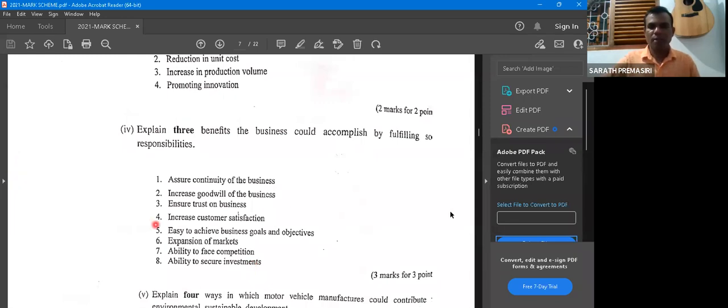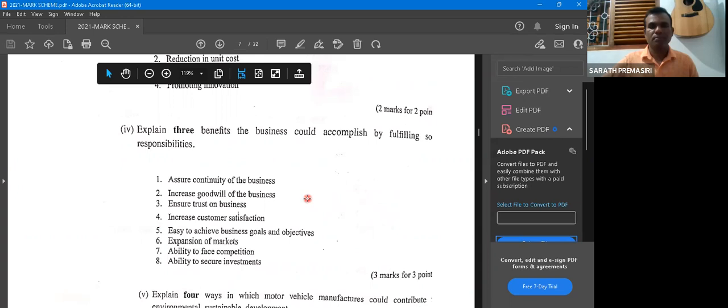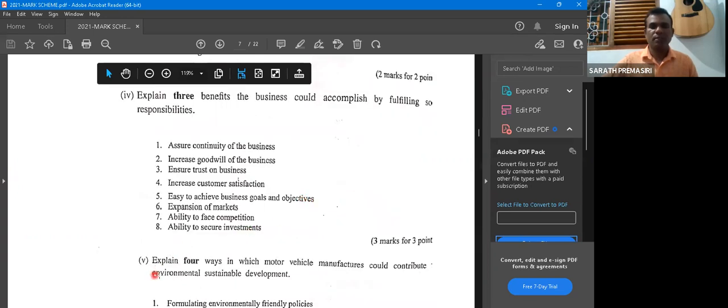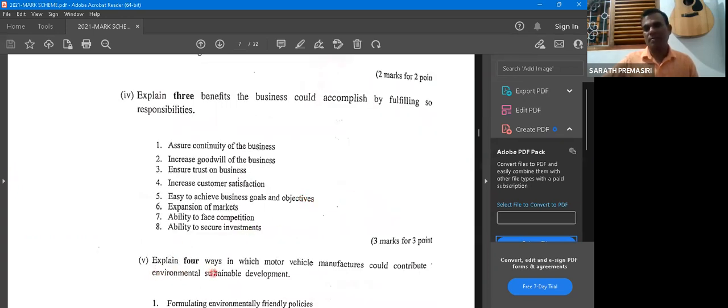Right, son, let's go to the last area. Yes. Explain 4 ways in which motor vehicle manufacturers could contribute to economic sustainable development. Can you remember? We have understood what sustainable development means.